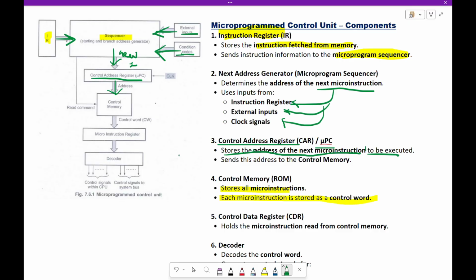And control memory stores all instructions, each stored as control words in the form of binary 1 and 0.